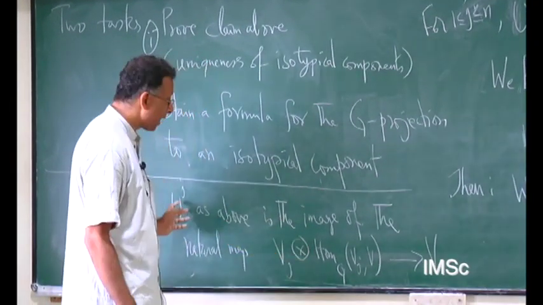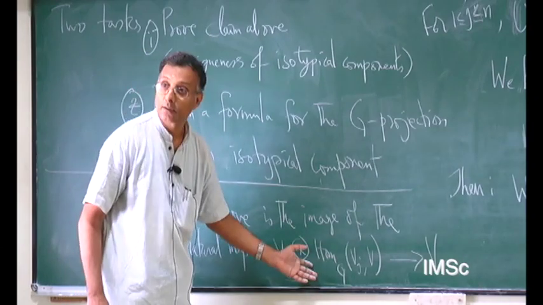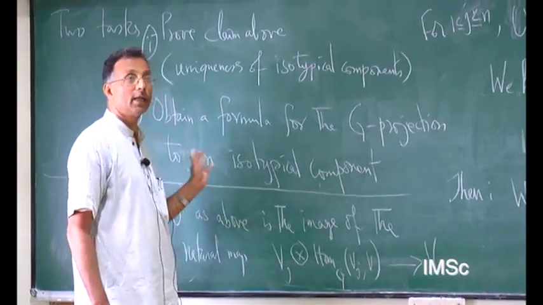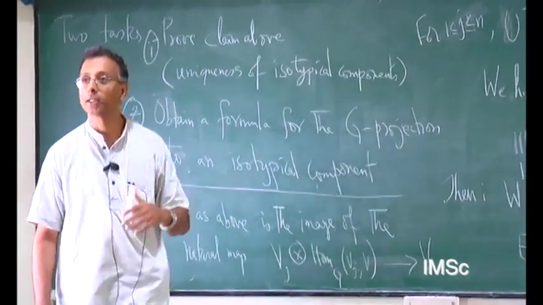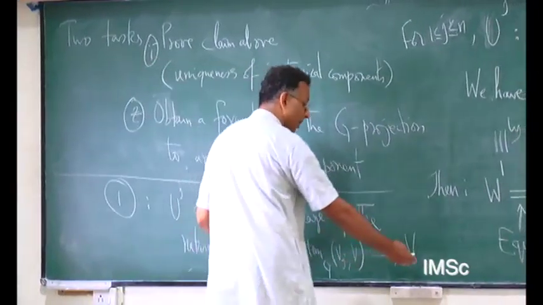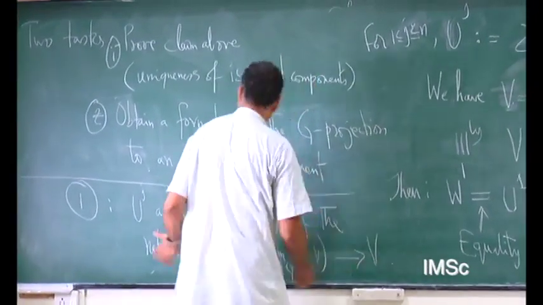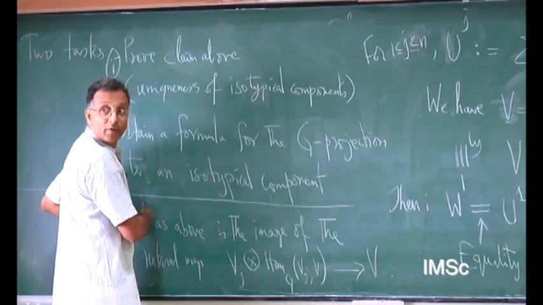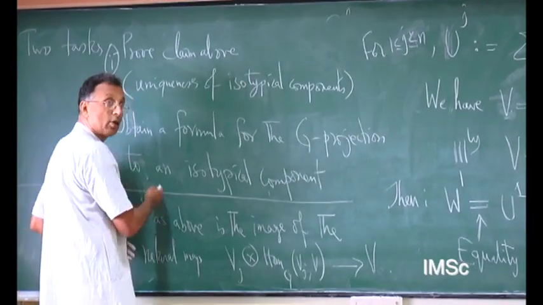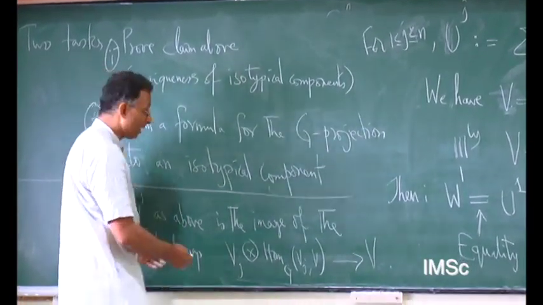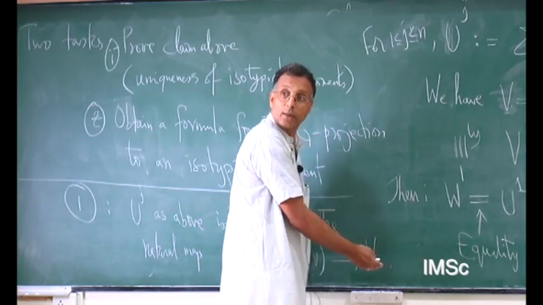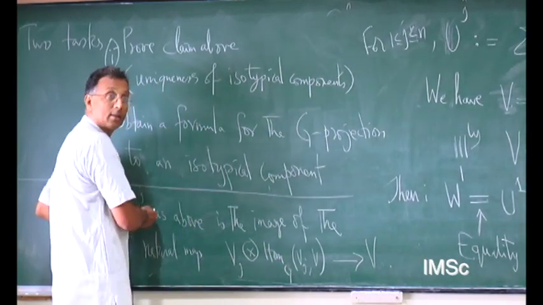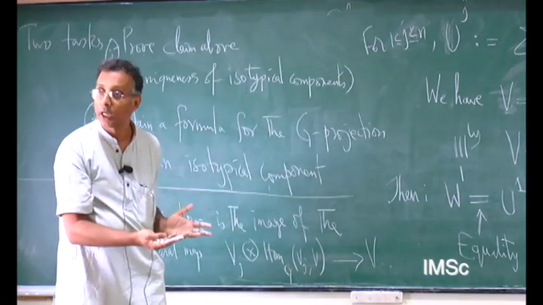Wj will also be the image of this. So both Uj and Wj are the image of this. This will prove it, because here there is no dependence on the decomposition. What we have shown is that this side is dependent on the decomposition a priori, but this side is not. Therefore, this side is independent of the decomposition. That will prove it.